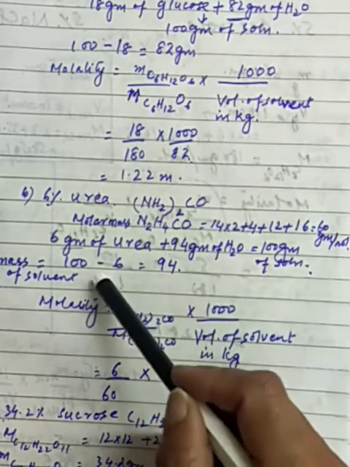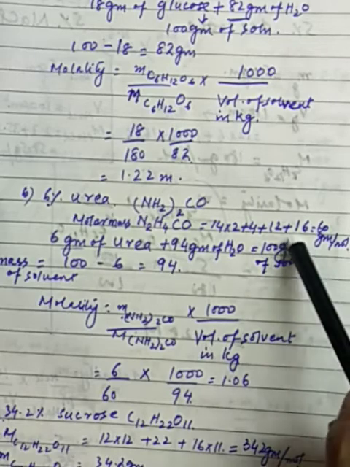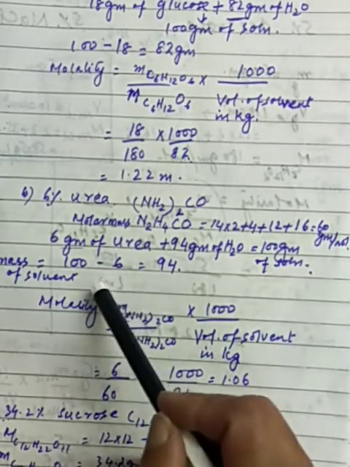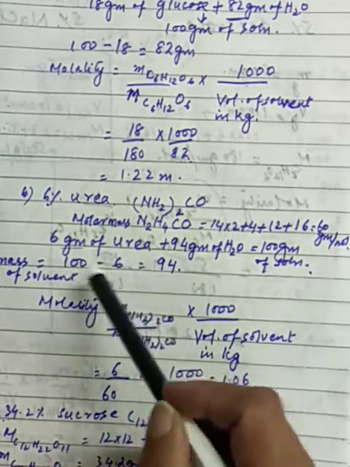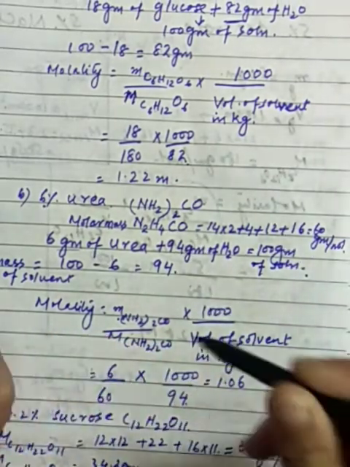The question indicates 6 gram of urea. How do we get the mass of the solvent? The total mass of the solution is 100 gram. So we subtract 6 from 100, that is equal to 94 gram.